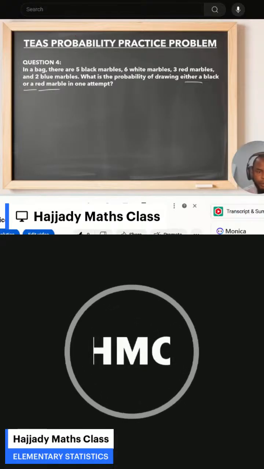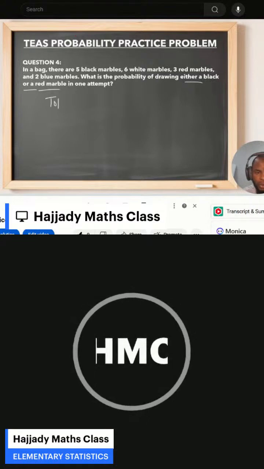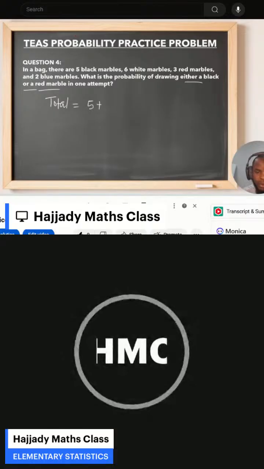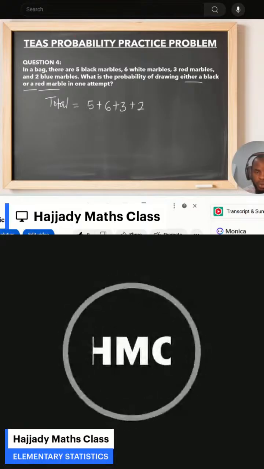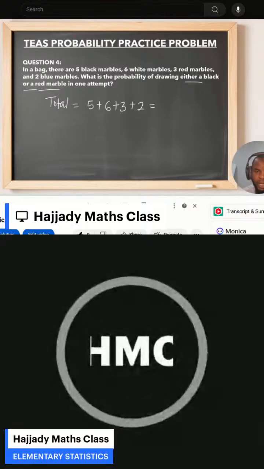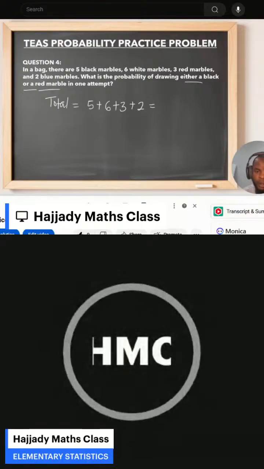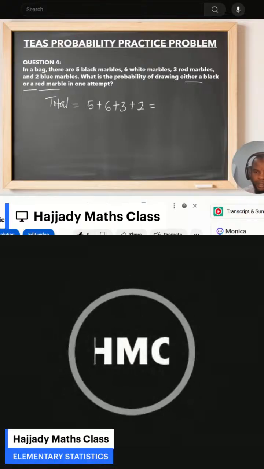Now here, the first thing to do is to get the total number of marbles. We have 5 black marbles plus 6 white plus 3 red plus 2 blue marbles. Here in total, we have 16.